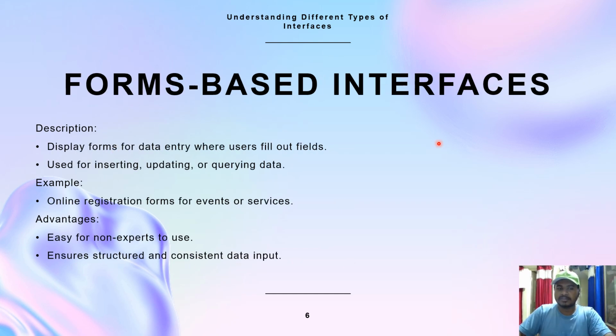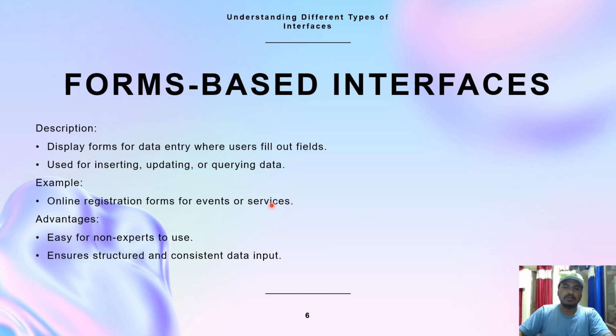Then forms-based interfaces. The basic description is display forms for data entry, where users fill out fields used for inserting, updating, and querying data. Example, the online registration forms for events or services.